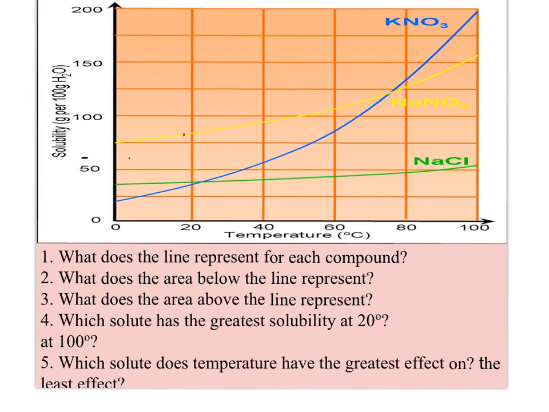It seems to have the greatest effect on KNO3 because from 0 degrees to 100 degrees, KNO3 saw the greatest increase in its solubility, going from less than 25 up to nearly 200 grams. Which solute does it have the least effect on? NaCl. NaCl stayed very close to the same, had very little change from 0 to 100 degrees.